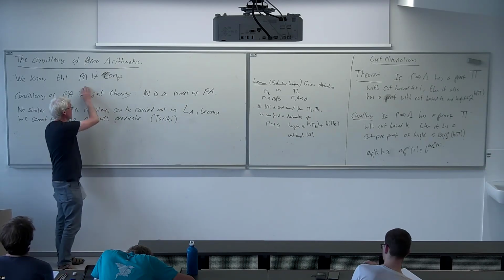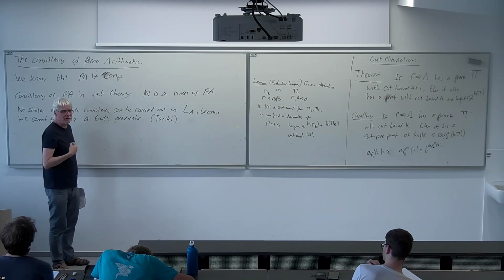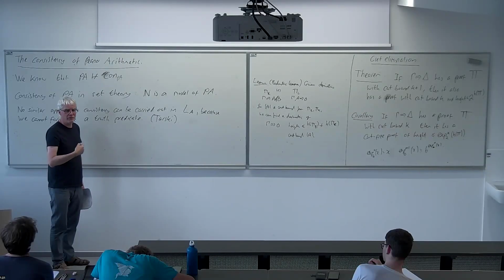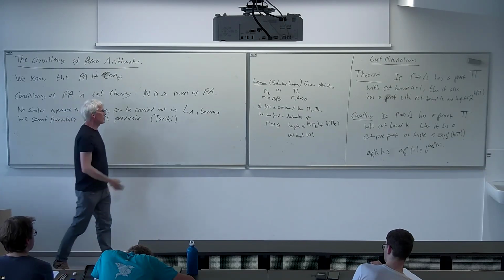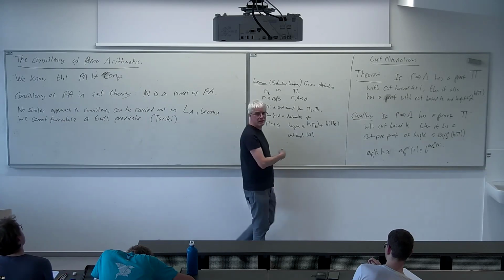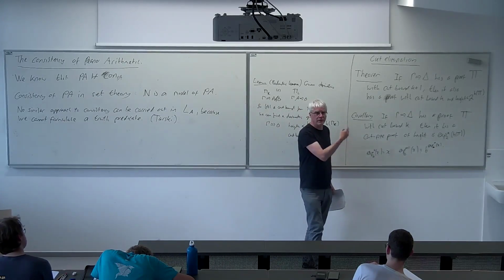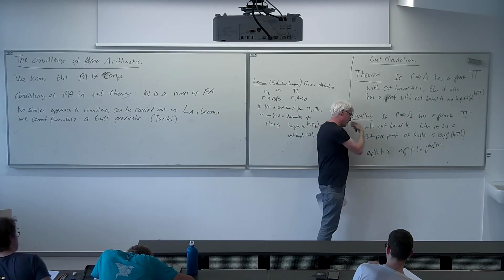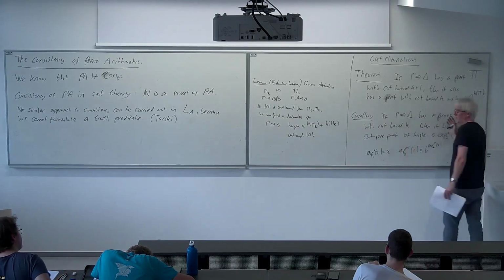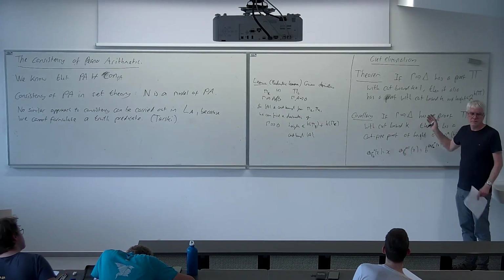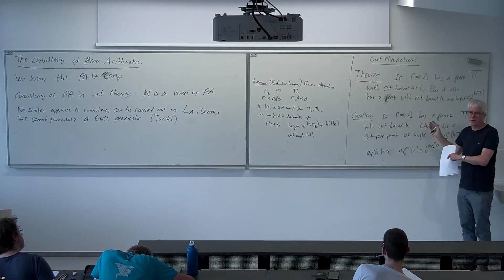And one wonders if you could actually give an essentially combinatorial proof that you can't prove false. You can't find a proof of false by having some deep insight into the structure of proofs. And that's essentially what we're going to do today. We're going to translate Hilbert proofs into sequent calculus and then use a variant of the cut-elimination argument to prove that cuts are eliminable from proofs.